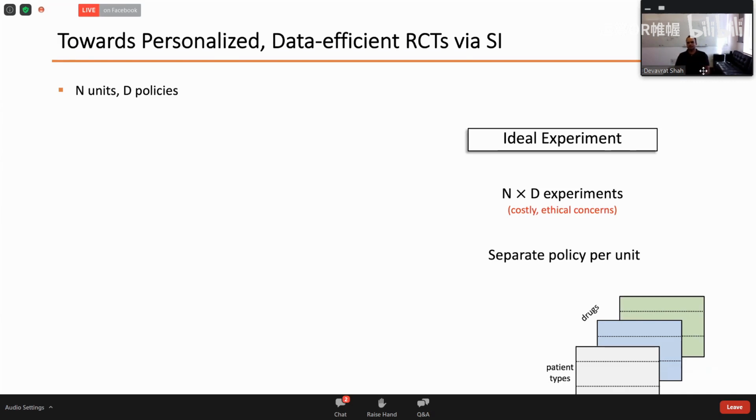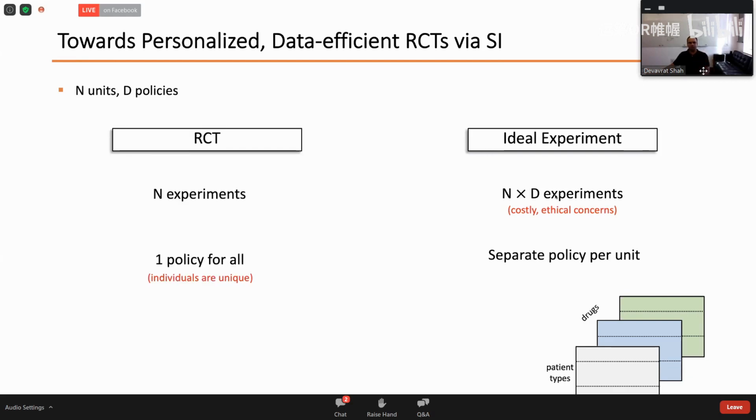Which means that you would effectively do number of patient types times number of drugs many experiments. These can be costly, unethical, and many times it's impossible because you may not have enough patients of a given patient type to do across these many drugs. In the traditional randomized control, you say, I'm going to ignore patient type.